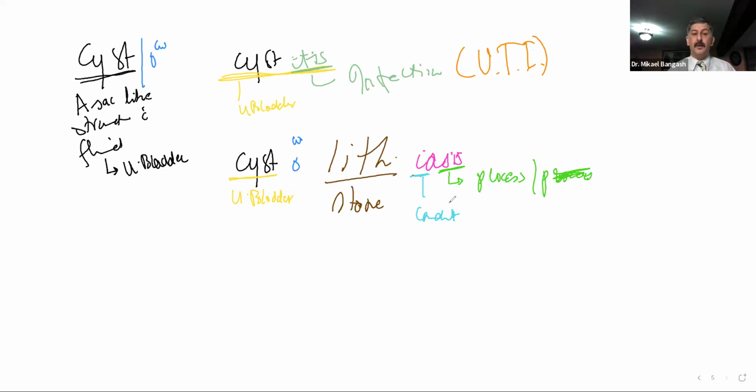But you can mainly say the process of development of bladder stones will be called cystolithiasis, or having bladder stones.